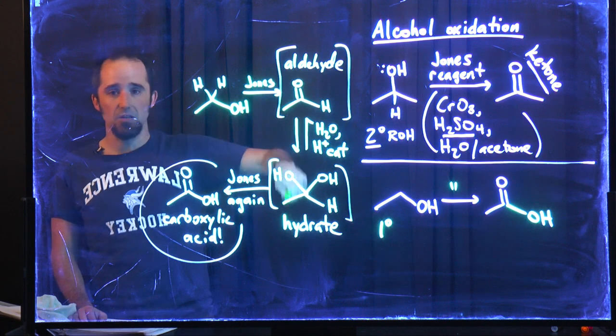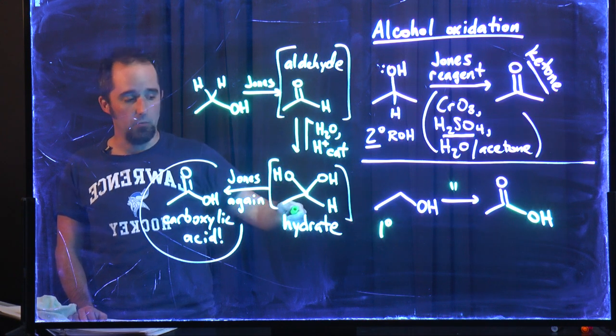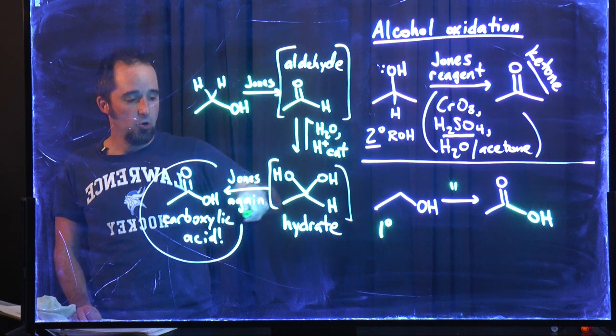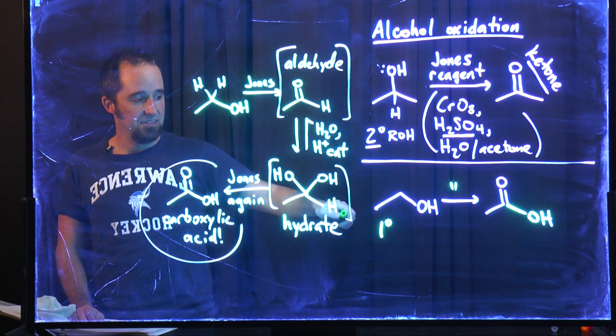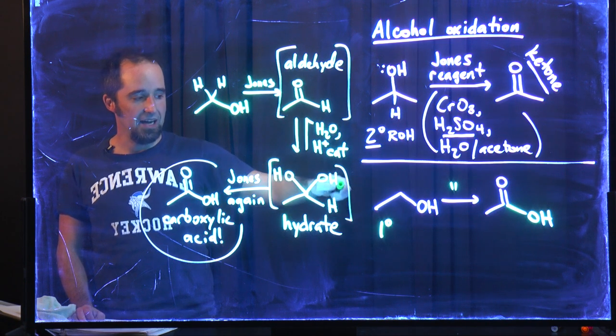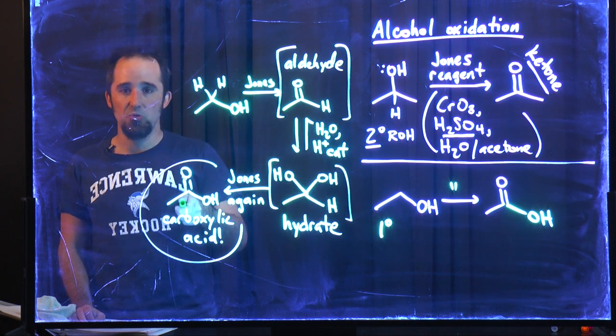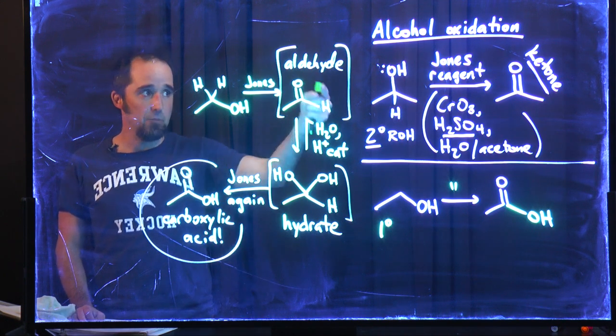Anyways, this is an equilibrium, and even though this is only a tiny part of that equilibrium, every time the Jones reagent catches it as a hydrate, it's able to say, oh, OH, an H there, I got this. And so it's going to oxidize this up to the double bond. So the Jones reaction, there's really no way to stop it at the aldehyde.